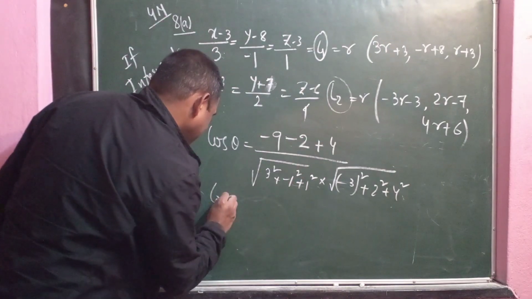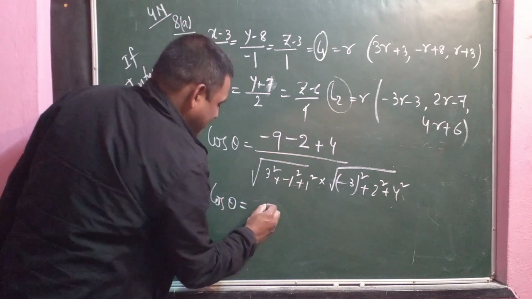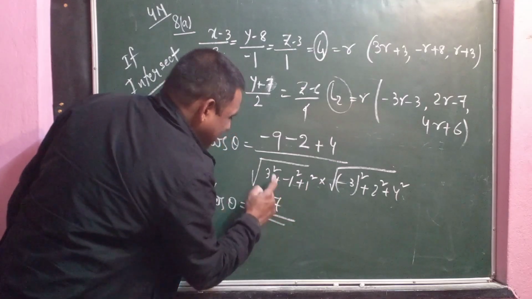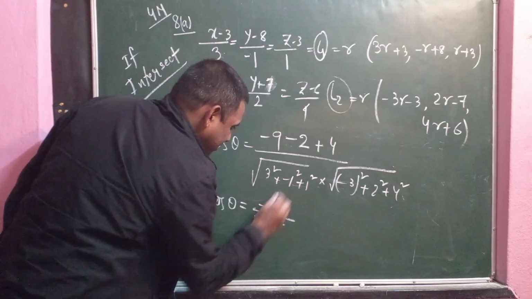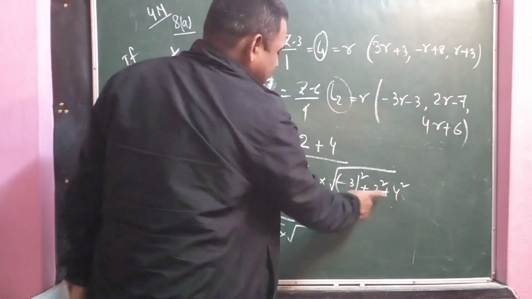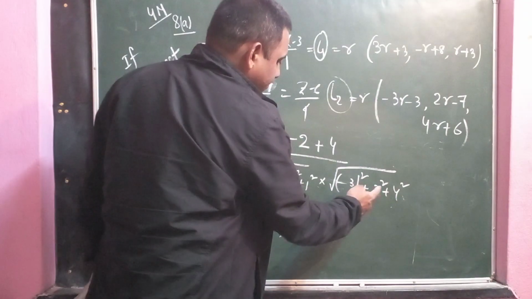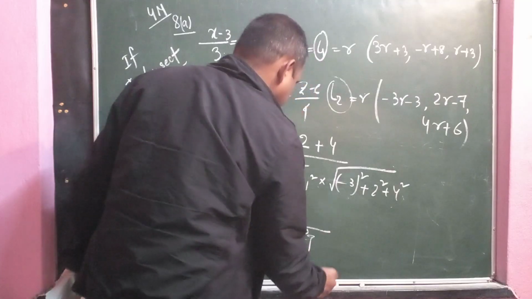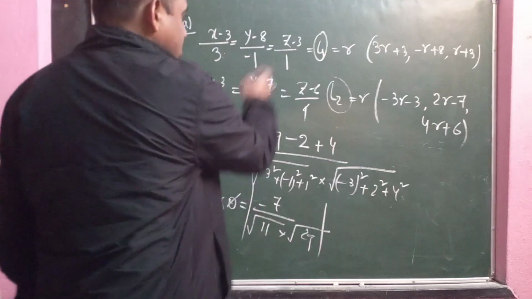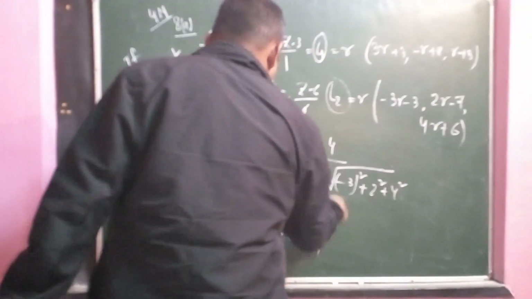So cos theta will be minus 11 divided by root 11, into root 29. This will be the angle between these two lines. Okay, this is how we calculate the point of intersection and the angle between them.